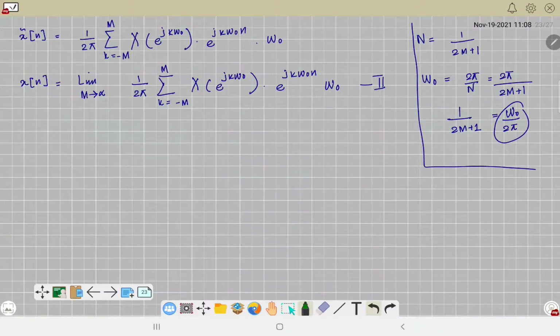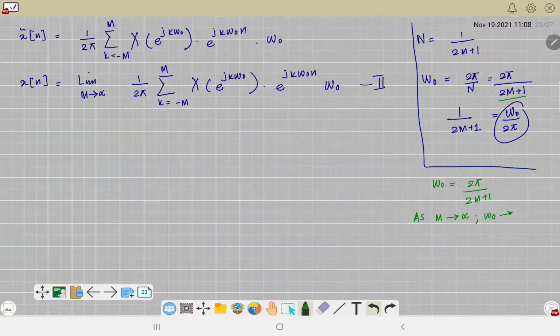First of all, your omega naught is equivalent to 2 pi by 2M plus 1, which means as M tends to infinity, omega naught will tend to a very small value.